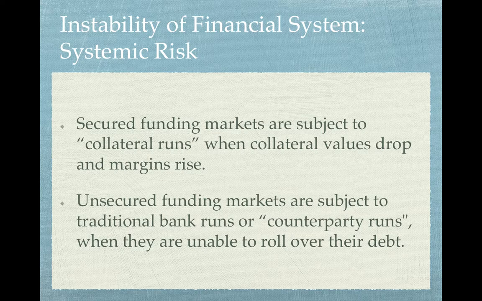Now, are secured funding markets prone to these kinds of fire sales? Looks like they are. We call them collateral runs. Secured funding markets are subject to collateral runs when collateral values drop and margins rise.